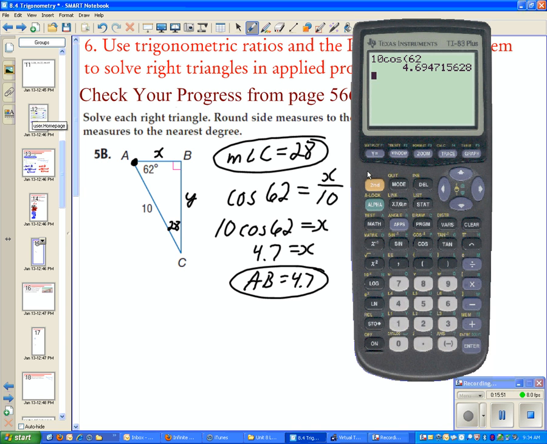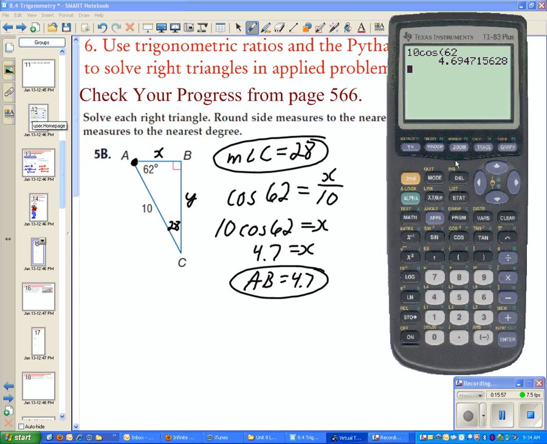All right, I got one more thing to find. Find y, that's the length of BC. All right, again, I'm going to stick with the given information to find things if I can. And I can. From the 62 degrees again, I can use sine this time. I can do the sine of 62 equals opposite leg y over hypotenuse, 10.